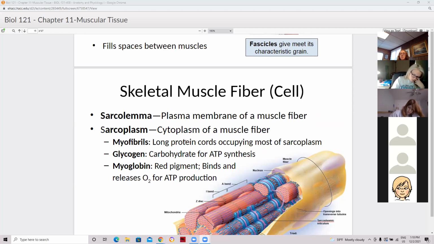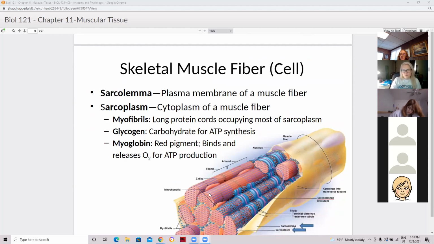Sarcoplasm is the cytoplasm of the muscle fiber. Myofibrils are long cords occupying most of the sarcoplasm of the muscle fiber.